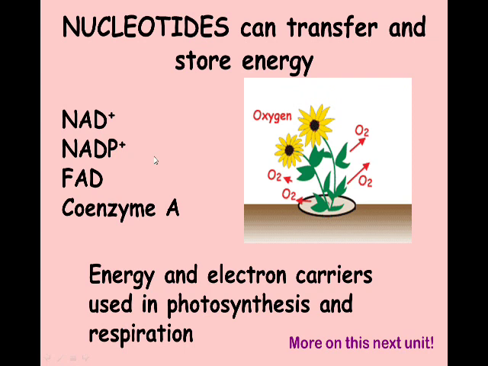All of those storage, transfer, energy, electron carrier molecules have nucleotides as part of their structure. It's a component that goes into making the structure of that electron carrier. We're going to talk more about those when we get to our metabolism chapter, but just a reminder that those also have a nucleotide component that's part of their shape and helps them do their job.